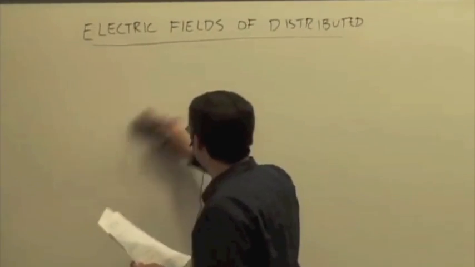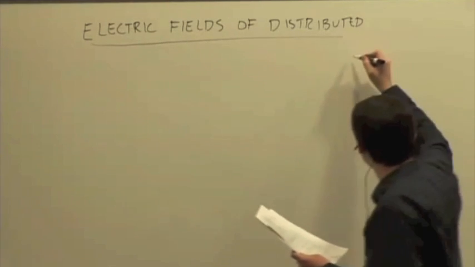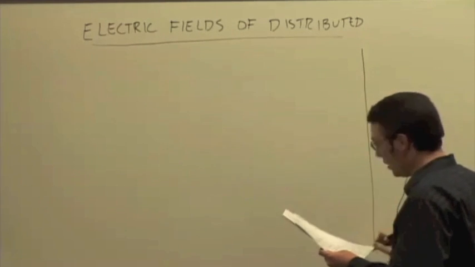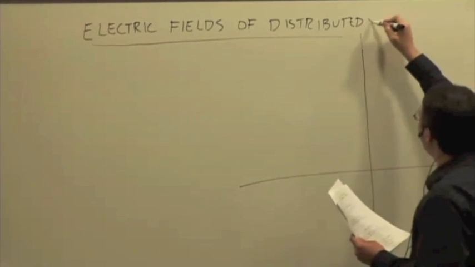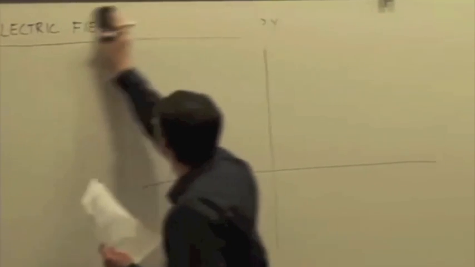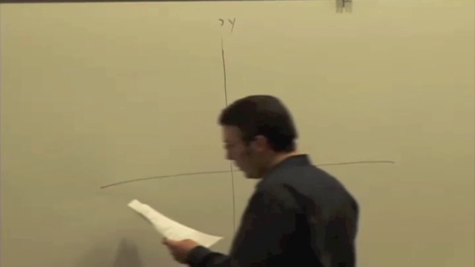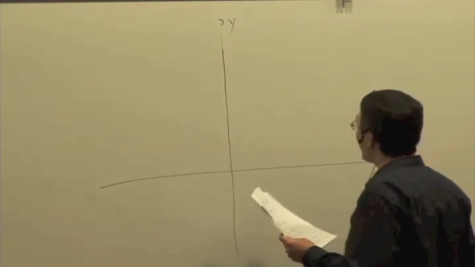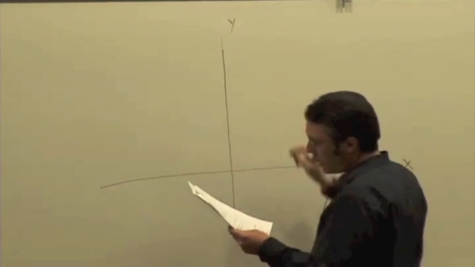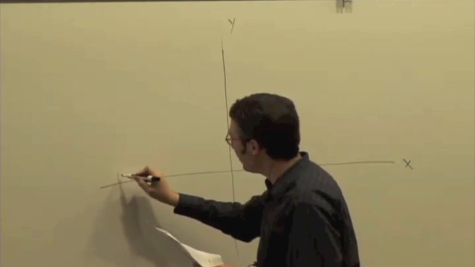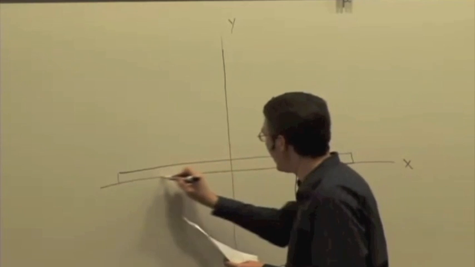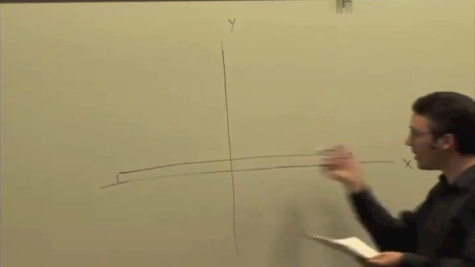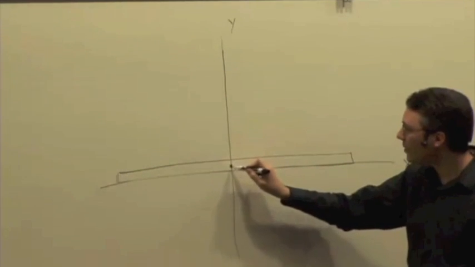Let's try an example using this uniformly charged segment. Let me draw a coordinate axis here. So here's the y direction. Here's the x direction. And we have a segment, or a thin rod, that has a uniform charge spread over it, and it's lying along the x-axis, and the origin is at the center of the rod.